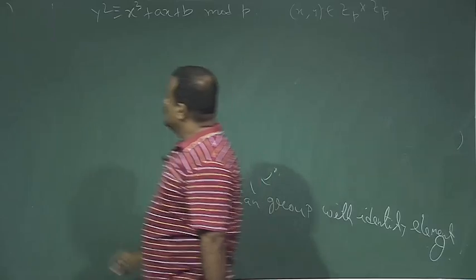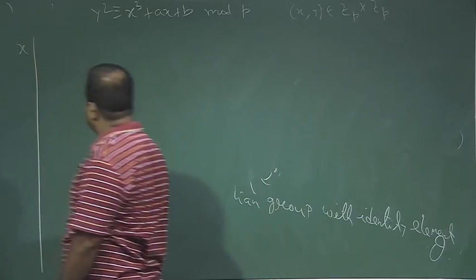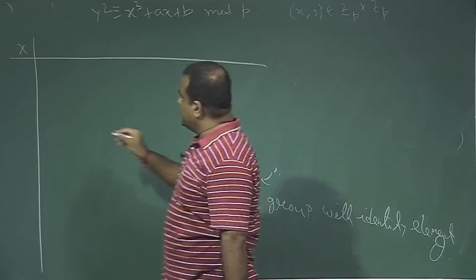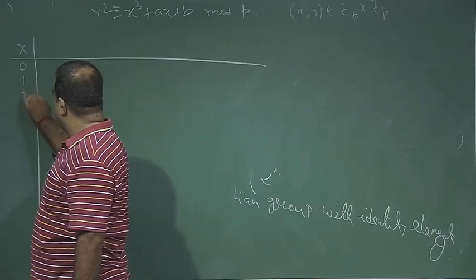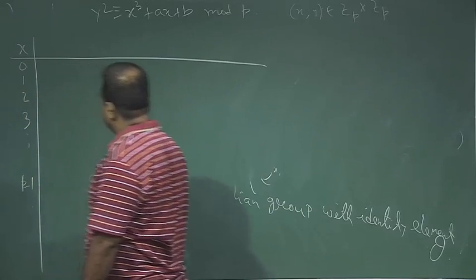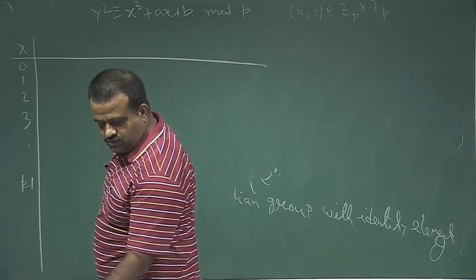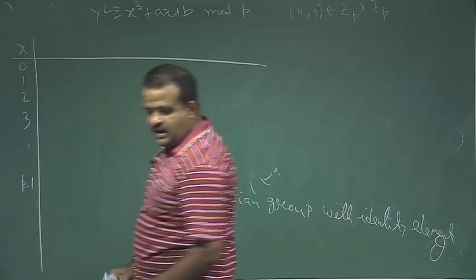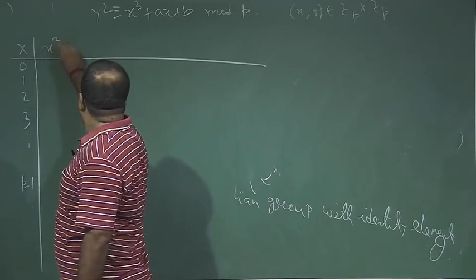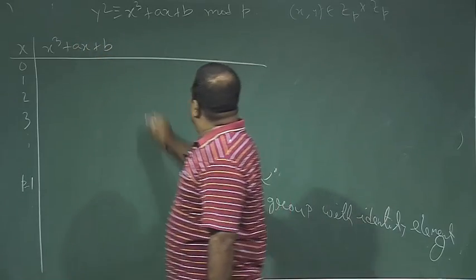So, what we do? We form a table of x. So, x in Zp means what are the values x can take? So, x can take values 0, 1, 2, 3 up to p minus 1. Okay. And then corresponding to x we compute this x³ plus ax plus b mod p.